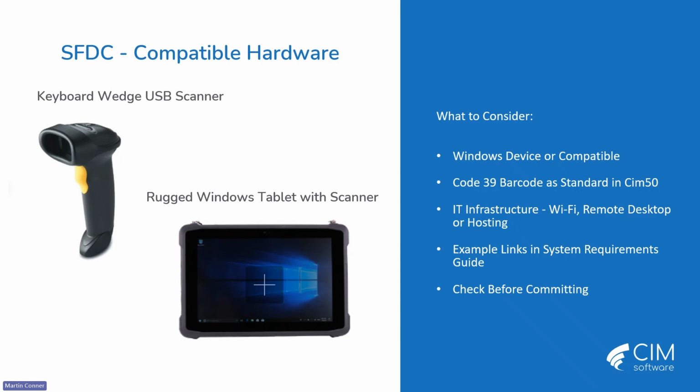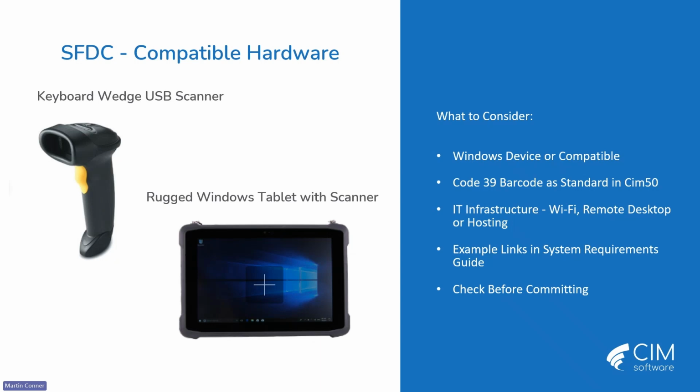We do have some example links for hardware in our system requirements and some guidance on the infrastructure that you might want to consider. That is available on our website or from your partner, or you can request it from ourselves.